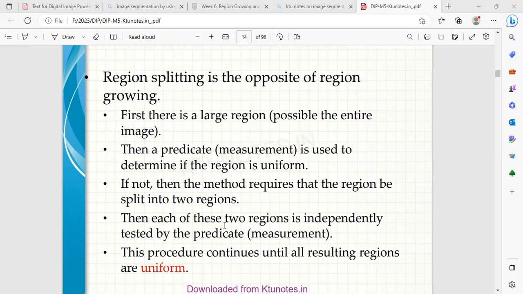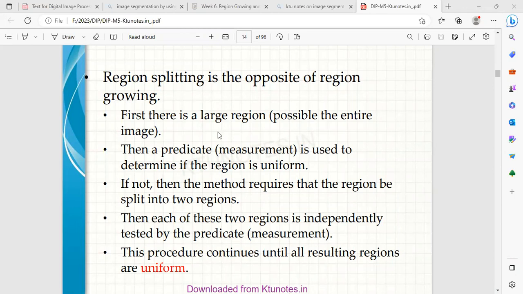Predicate is a measurement or rules. In region growing we used the predicate as intensity level. Here also it can be an intensity level or some other statistical measurement is also possible. So this procedure continues until all resulting regions are uniform.